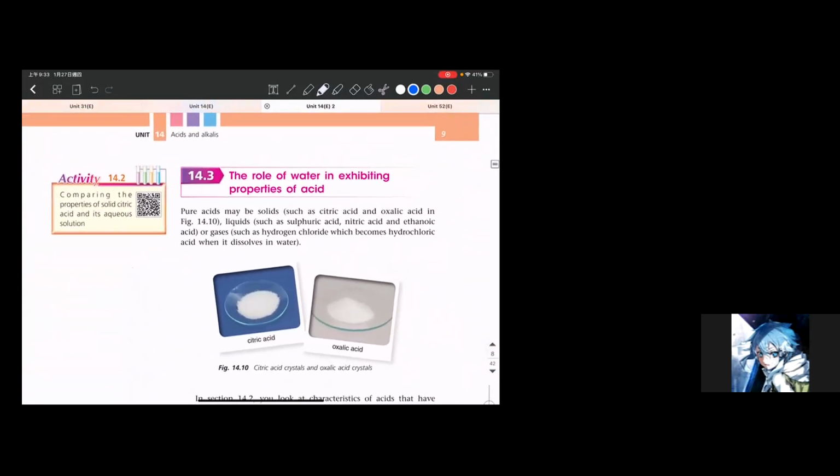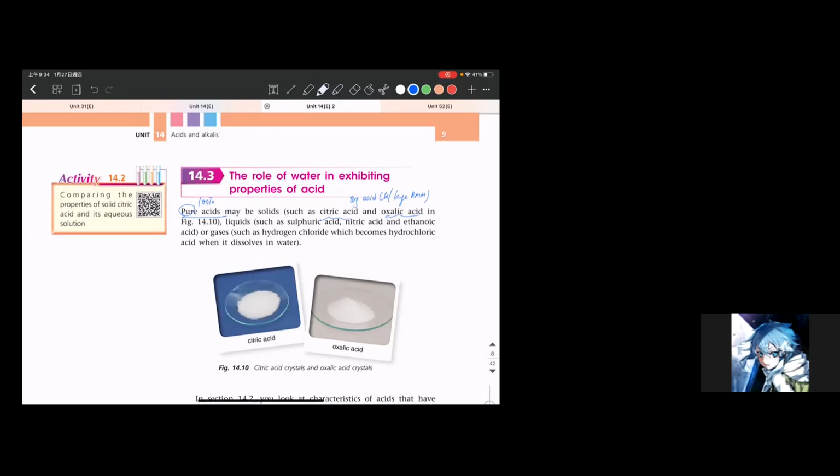So indeed, pure acid. What does pure acid mean? Pure means 100%, so no other chemicals added. It may be solid. If you talk about an organic acid having a large relative molecular mass, we will say that this is a solid.